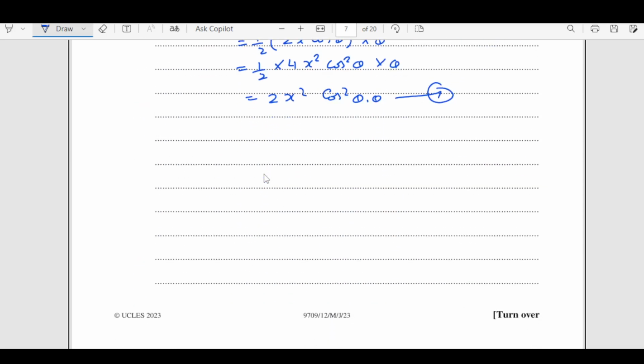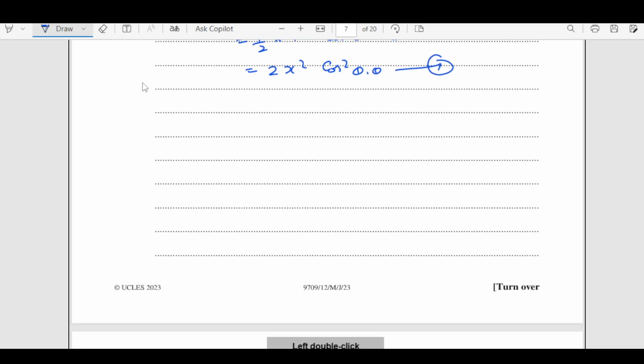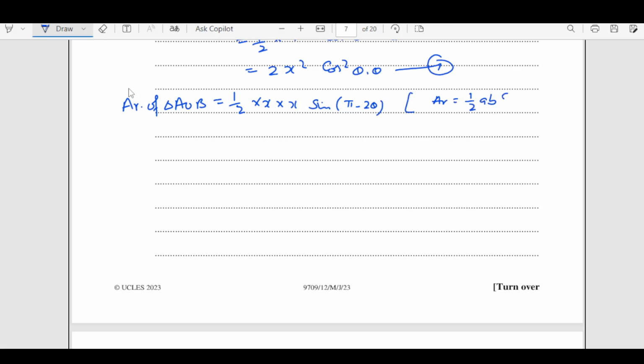Now, the area of triangle AOP is equal to half times x times x times sine pi minus 2 theta. We have used the formula of area as half ab sine C, right. So, half and x times x is x squared, and sine pi minus 2 theta is sine 2 theta. So, this is the second equation.